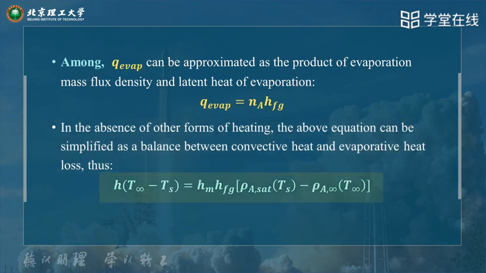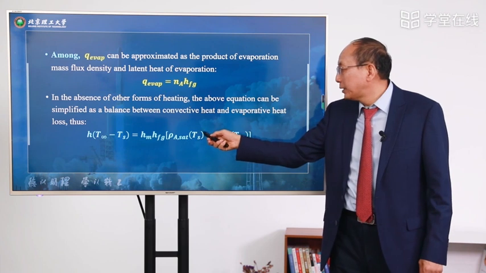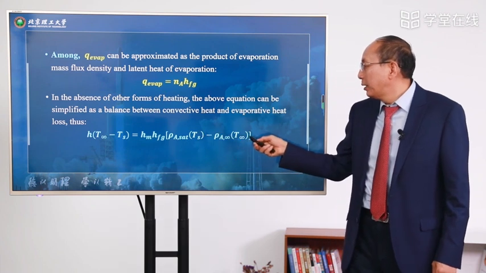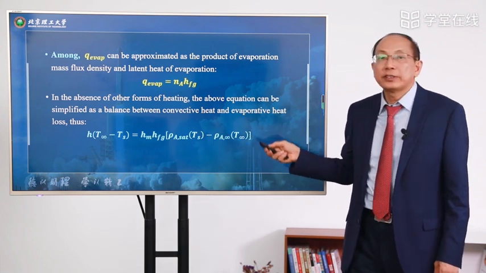Thus, h times (T infinity minus Ts) equals hm times h_fg times the density difference, one density at Ts and one at T infinity.